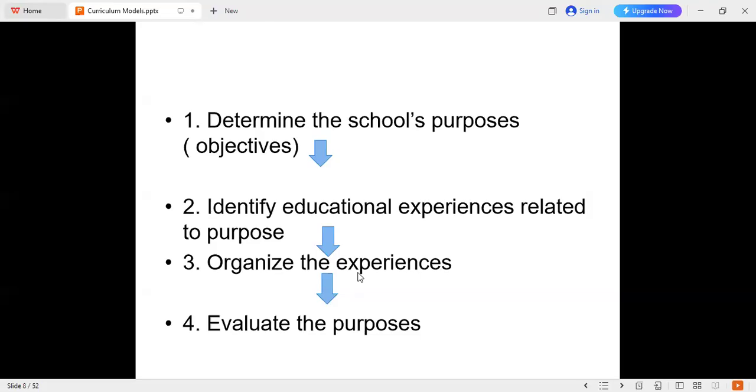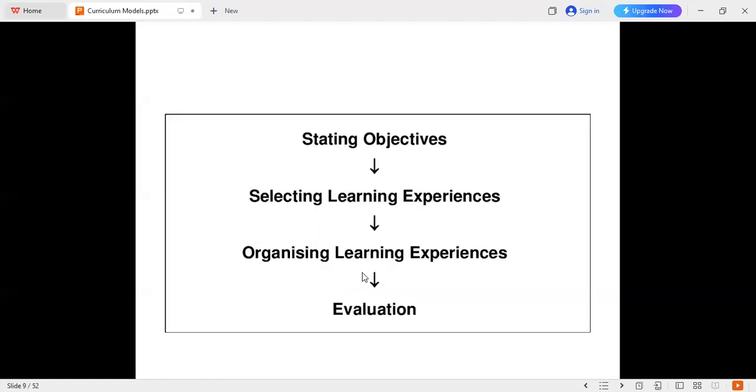Finally, evaluate the purpose, whether and how far the students achieved the objectives. We still do that in our country. Taylor's model is still used in our country. It is the same thing in other words; sometimes writers use different terms.